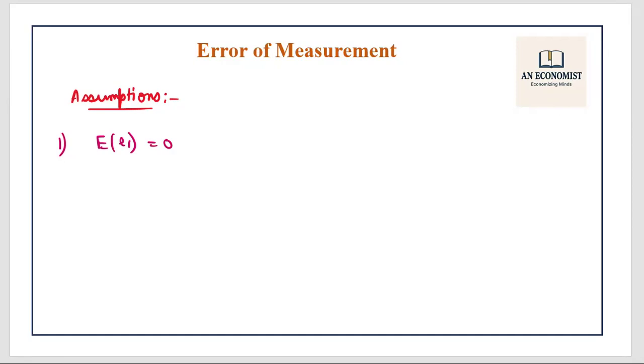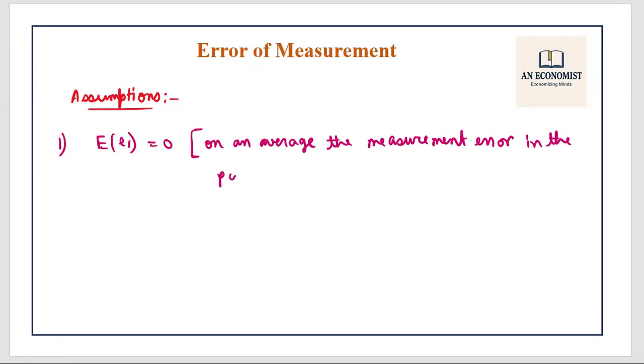But we assume that on an average, the measurement error in the population is exactly equal to 0, right?